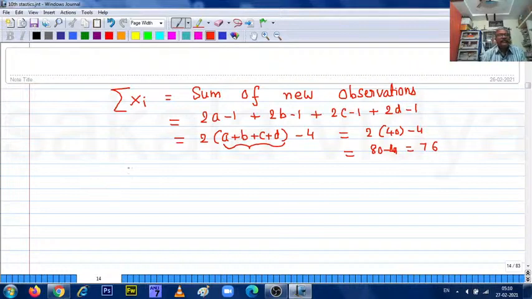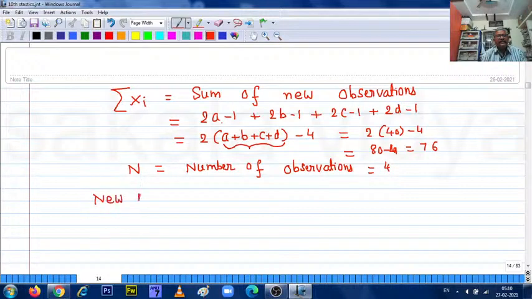So now the number of observations, say capital N here, will not change. Same only. The number of observations is 4. Now we need the new mean. So new mean is equal to capital X bar is equal to sigma capital Xi by capital N. That is 76 divided by 4.